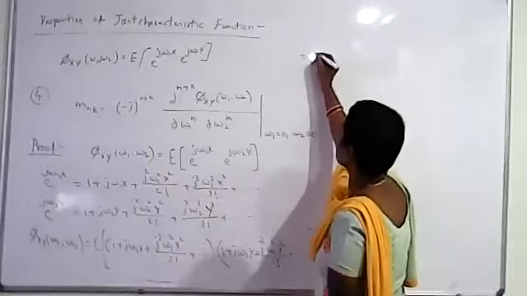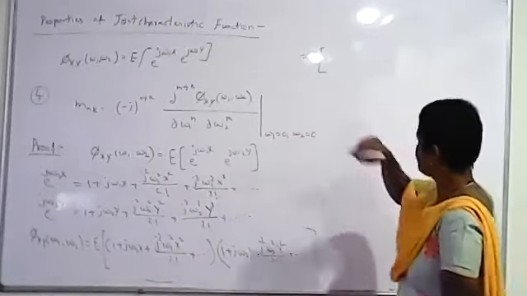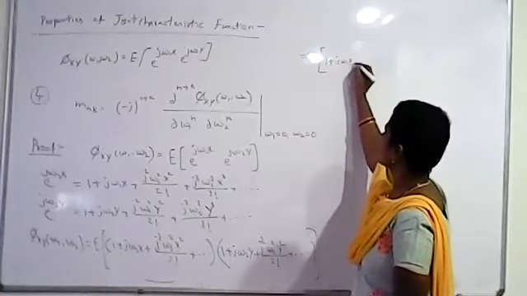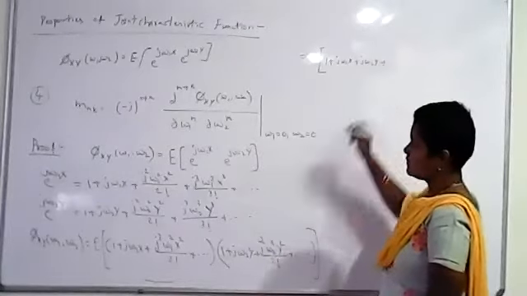If you multiply, what will we get? We will get 1 plus j omega 1 x plus j omega 2 y.